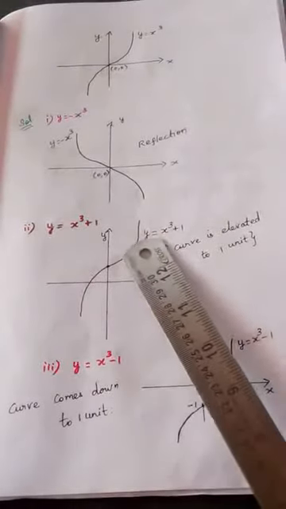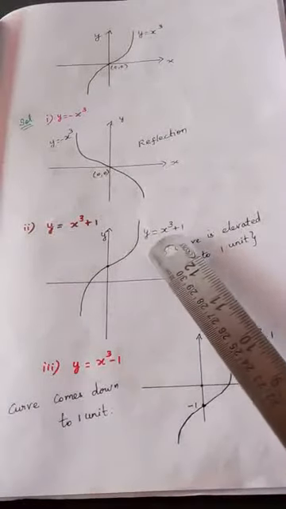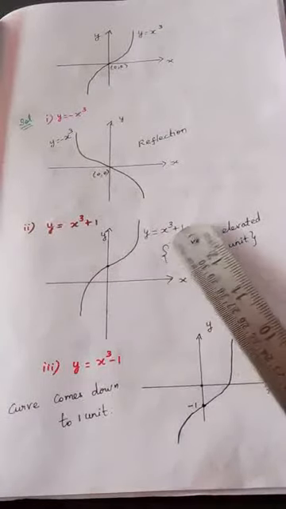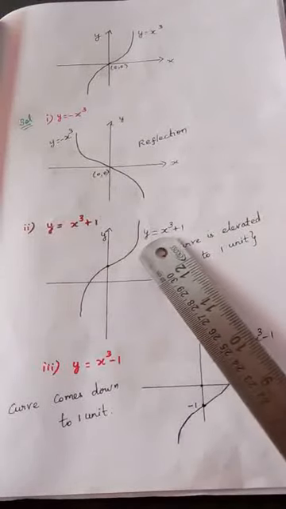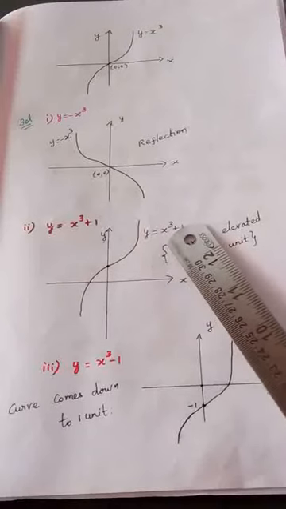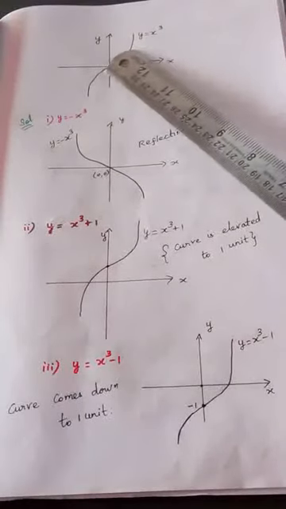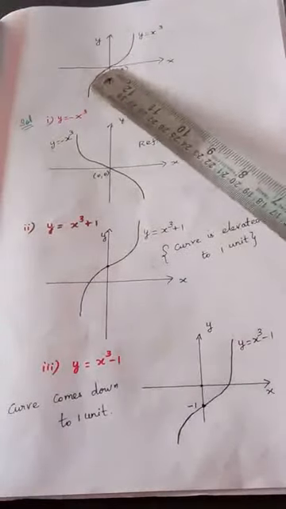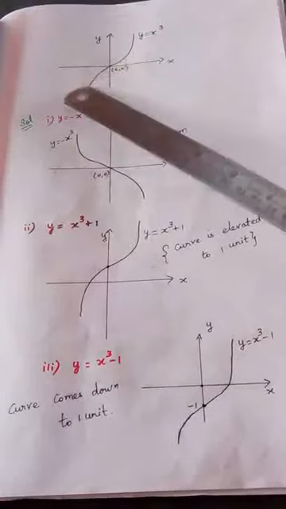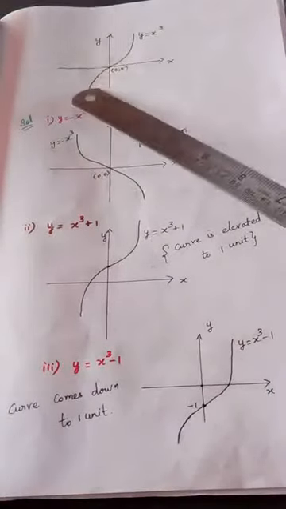The y value here is x cube, and here the y value is increased by 1. Try to understand. So what I have to do is, in this graph, just elevate this curve by 1 unit in the y axis. Just take this curve 1 unit above.